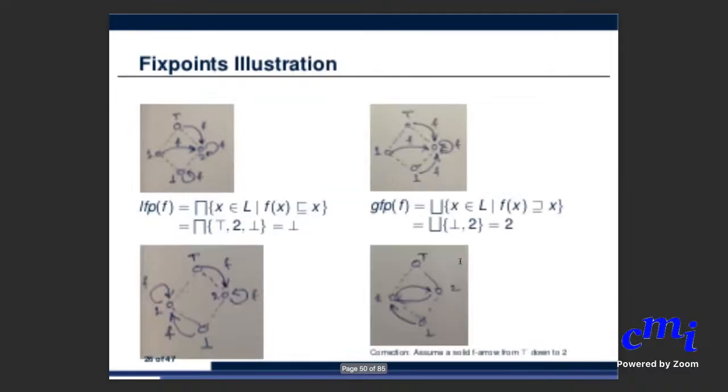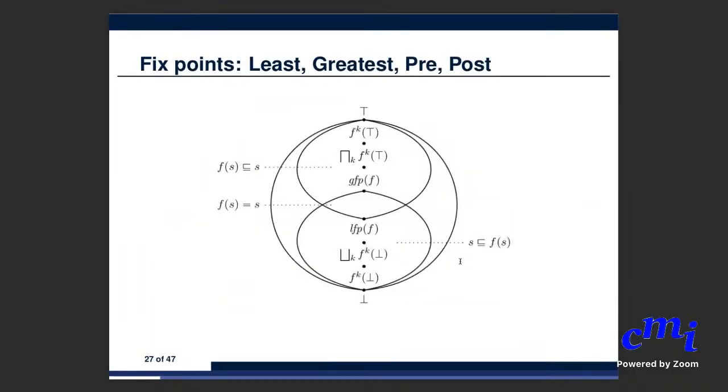If you want to look at it pictorially, this is the lattice, and here are the ascending chains and here are the descending chains of F. For a moment, forget about this. This is one such descending chain, and this is one such ascending chain. They have some special significance when we get to how exactly you compute.